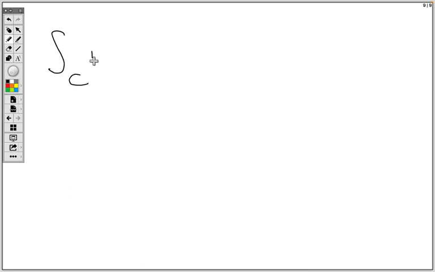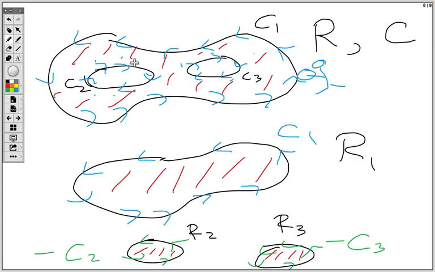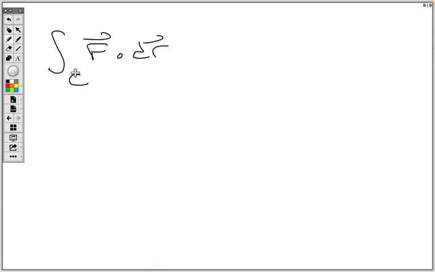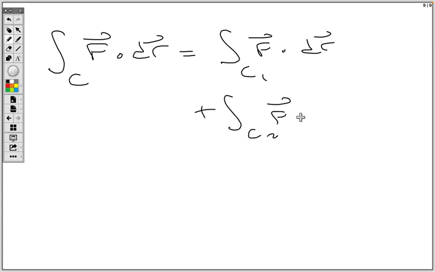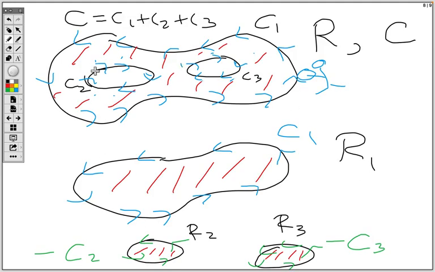So if I look at the integral over C of f dot dr, where C is these three parts, so up here, C is C1 plus C2 plus C3, I can write that as the integral over C1 f dot dr plus the integral around C2 f dot dr plus the integral around C3 f dot dr. That's just the additivity of work.